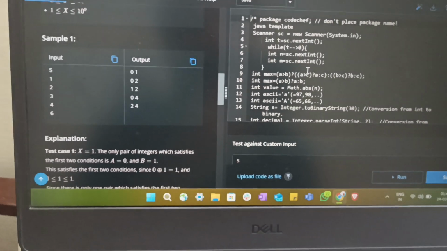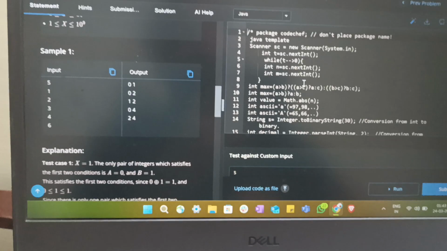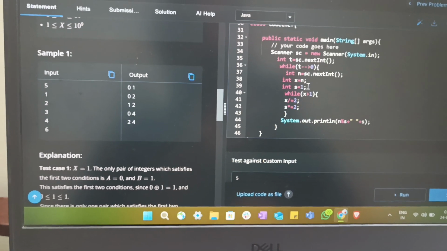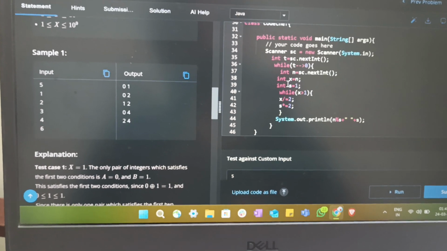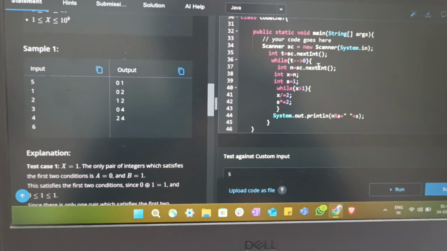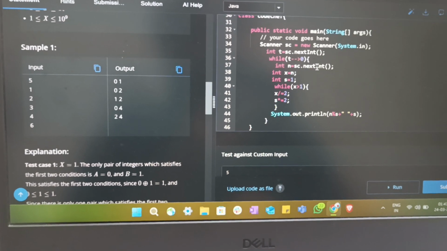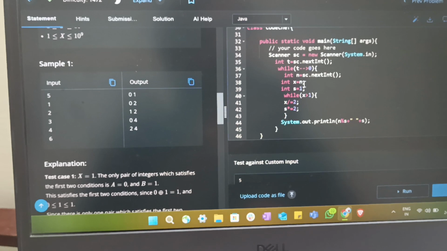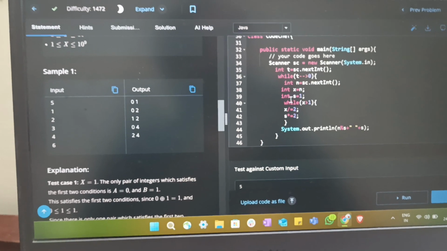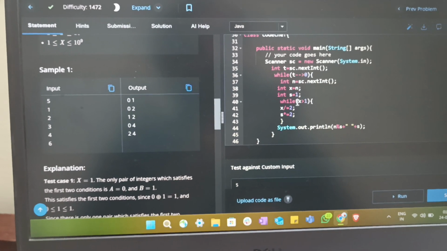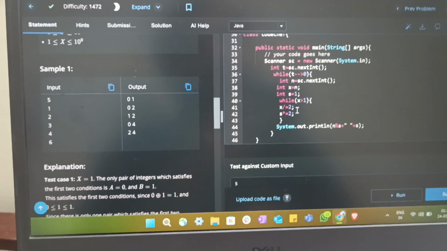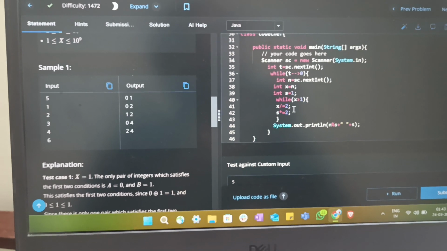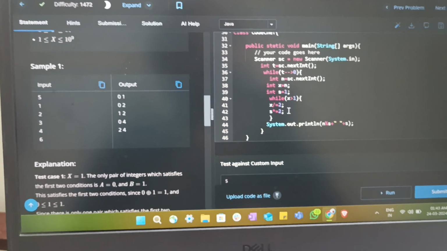So let's come to the coding part. Here also I have written the same code which I explained on pen and paper. Here I take inputs, then I store the value of n in x, then I initialize s by 1, then I find the nearest number which is the multiple of 2.